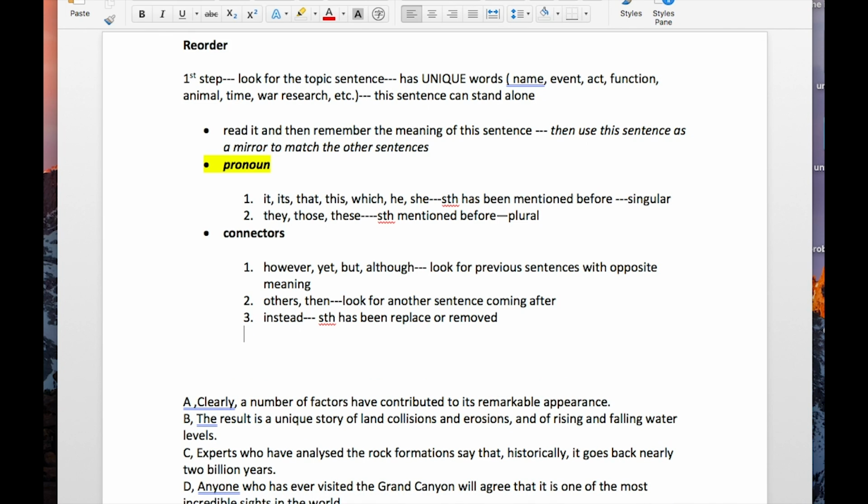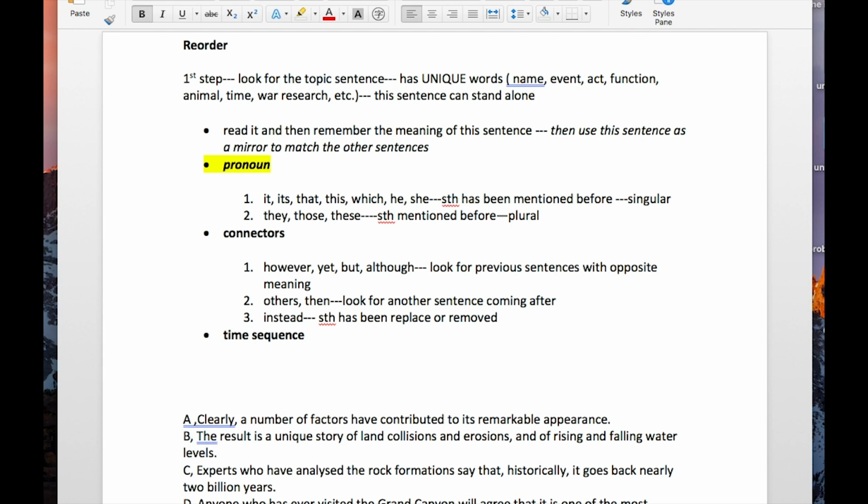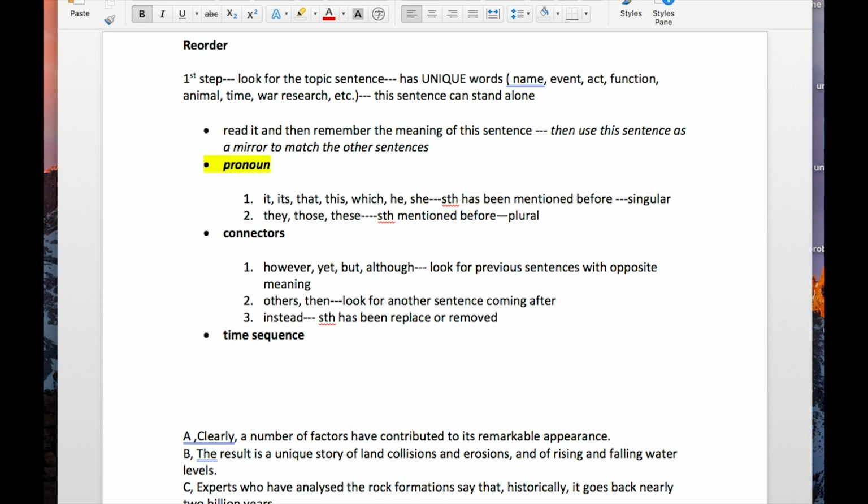Okay, apart from that, you have the other method, which is time. I call it time sequence. Time sequence is something that I think you might get very confused about. So what kind of things apply to time sequence? You need to be a bit careful. The date.